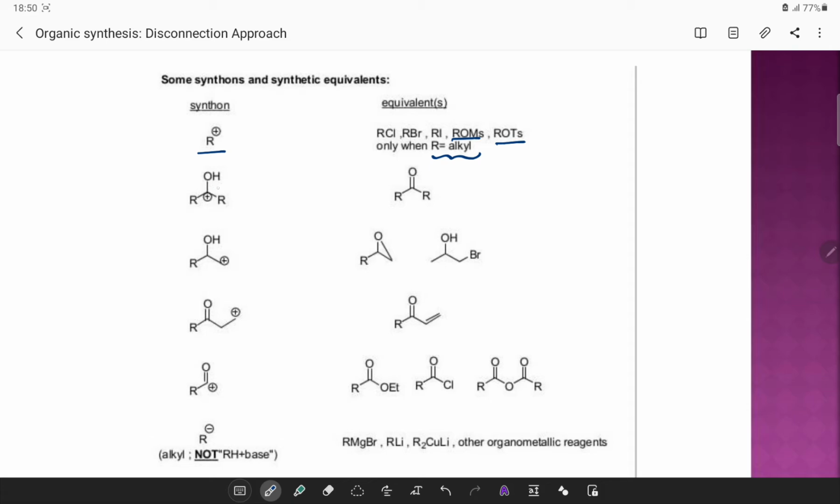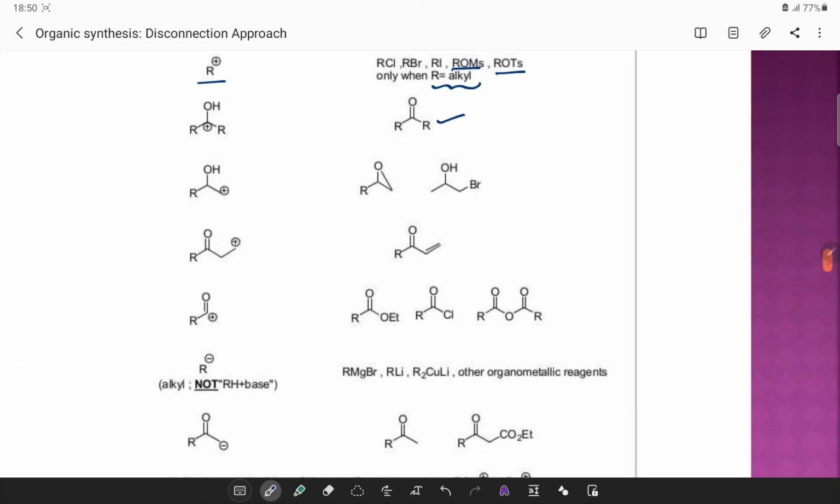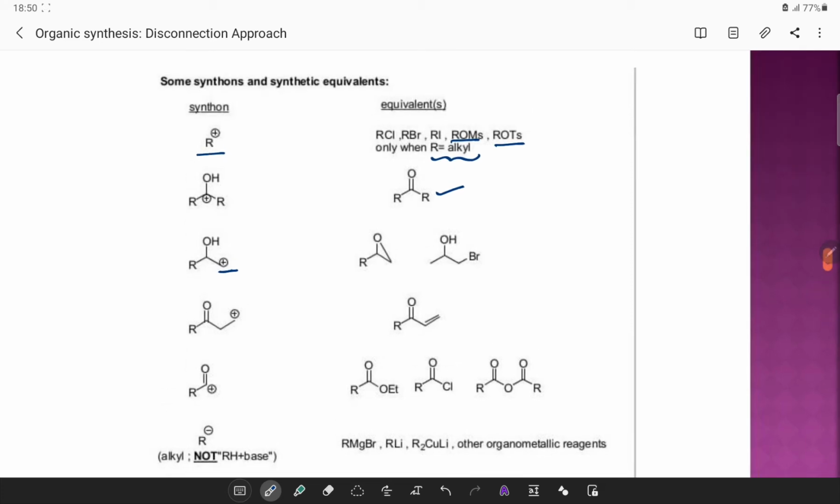Now, if I have a synthon where the carbon is going to carry a positively charged species, I can get it when I have a carbonyl carbon, because in the presence of carbonyl carbon system, oxygen will carry a negative charge and carbon is going to carry a positive charge. If at an alpha position there is a presence of an OH and at a position there is a presence of a carbocation, that means there is a presence of a C+, it can come from an epoxide.